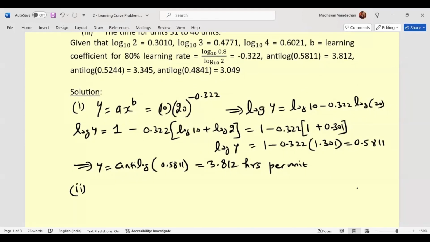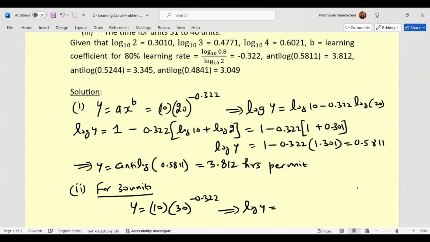Second part, for 30 units, y will be 10 times 30 to the power of minus 0.322, which means logarithm of y is logarithm of 10 minus 0.322 times logarithm of 30, which can be written as 10 into 3.